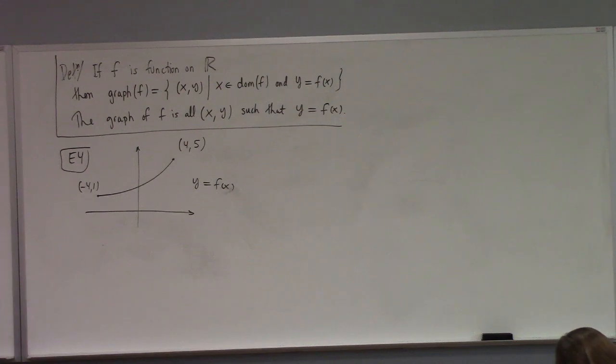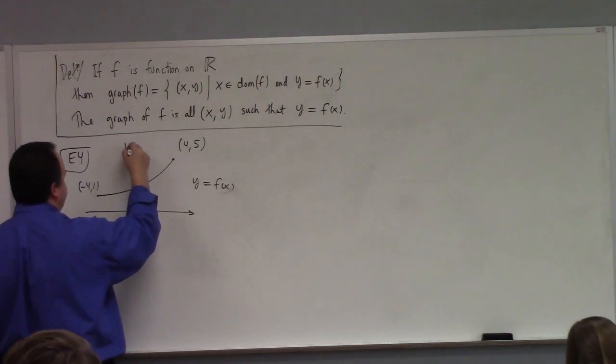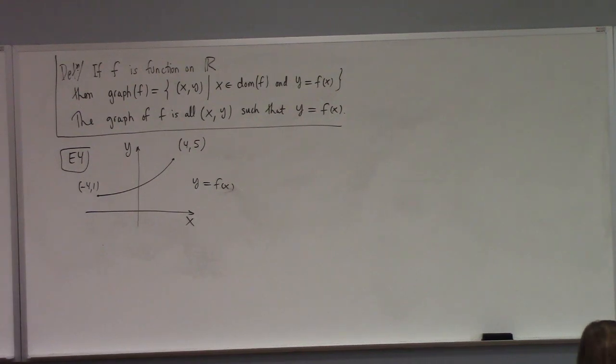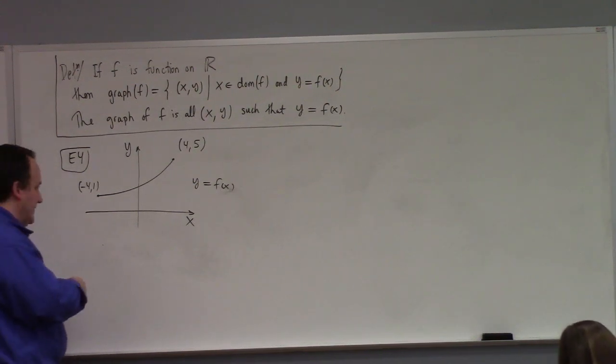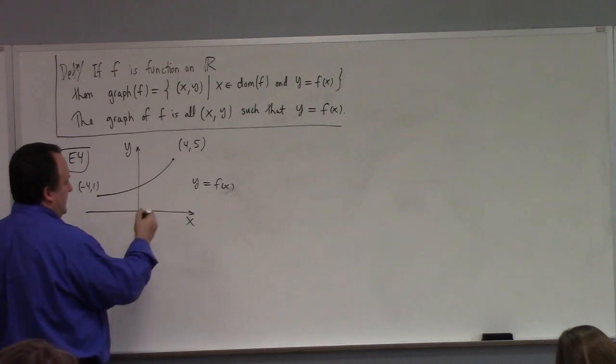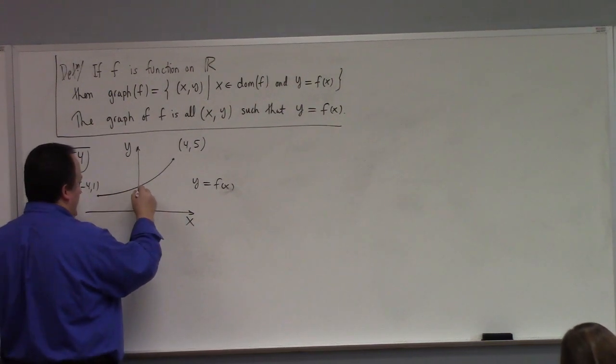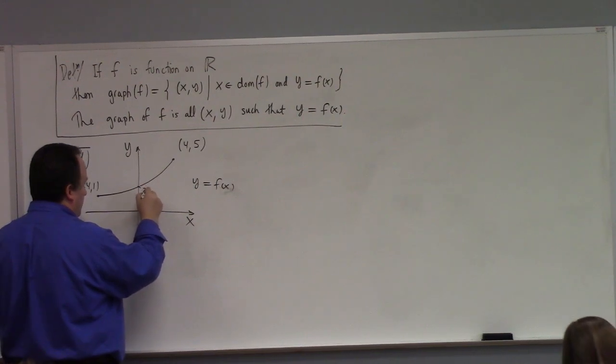So this is the graph of a function, all right? If I give this to you, that serves to define the function, all right? Because what it does for you is it tells you the relation between x and y. So let's suppose, imagine that we had a grid on here, and you could see that this y-intercept was at 2, right?